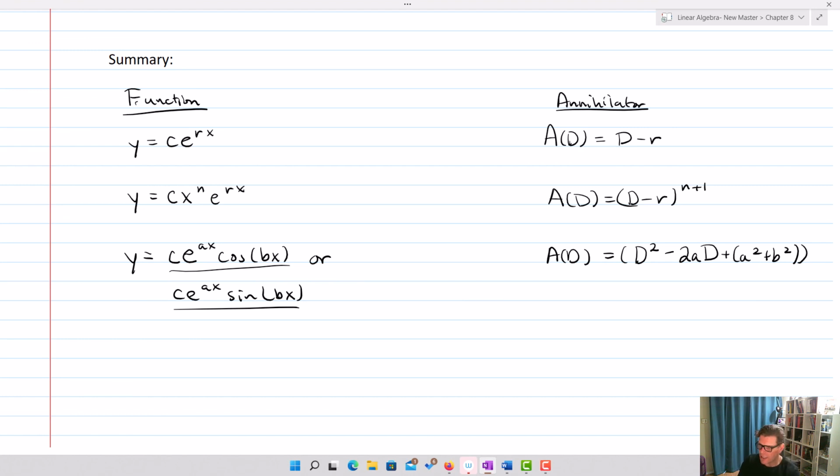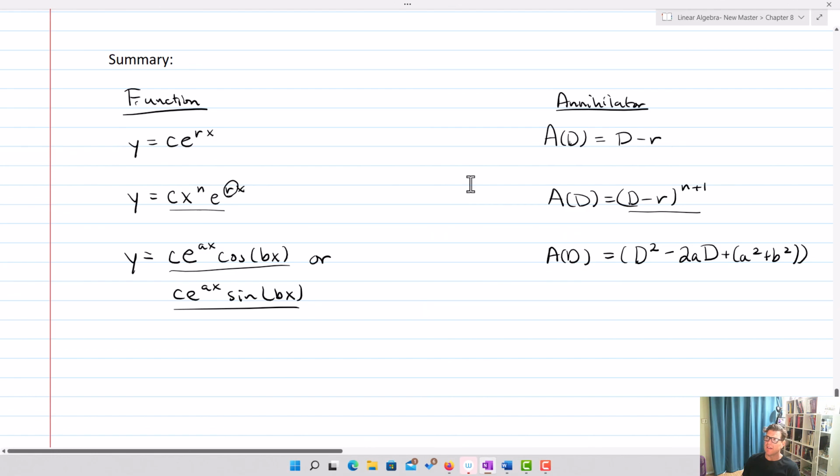And in addition, if we have other functions that have the same r and smaller powers of x, we can continue to just utilize the same annihilator, okay? So basically we're always going to be going to that highest power of x for the power of our annihilator, right? So that kind of completes what exactly an annihilator is and the different kinds of examples that we see there.